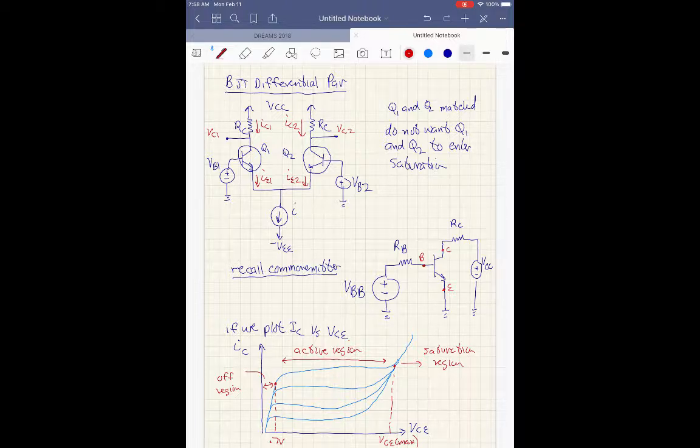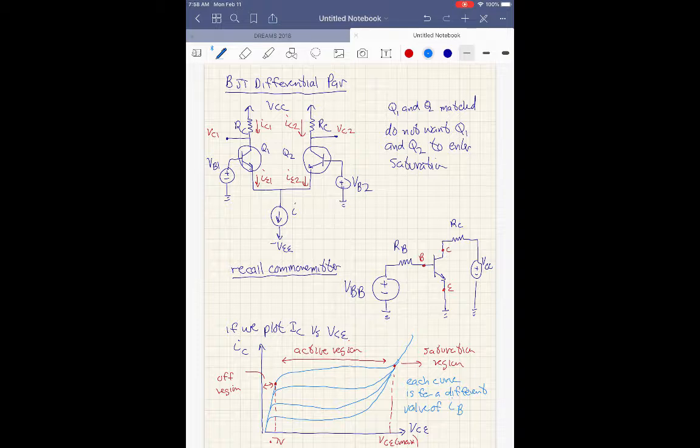And each of these curves, I forgot to mention this, is for a different value of base current. People refer to these as a family of curves. I think you probably saw this last semester.